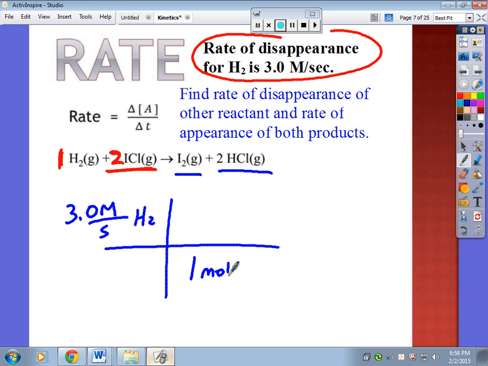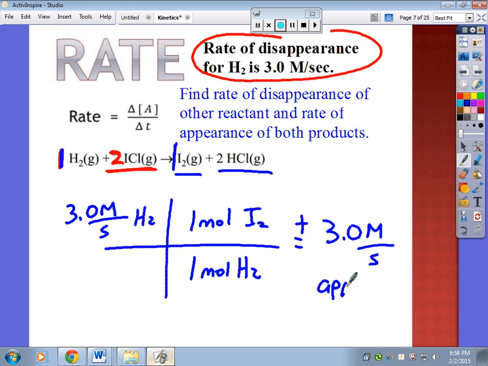And for every 1 mole of H2 that disappears, 1 mole of I2 appears. So what's that mean? As fast as hydrogen's going away, iodine is being produced. So iodine is appearing at a positive rate. That's the rate of appearance. So you can either say it's positive or you can say it's appearing. And this is I2.